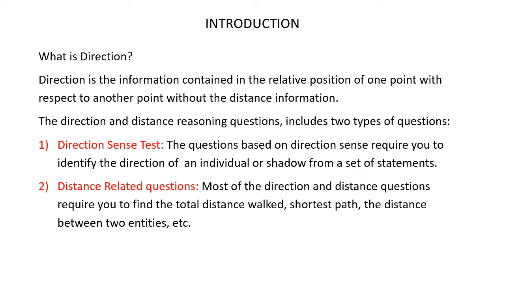Distance related questions: most of the direction and distance relations questions require you to find the total distance walked or the shortest path or the distance between two entities, etc.